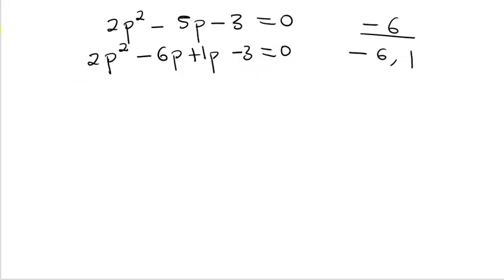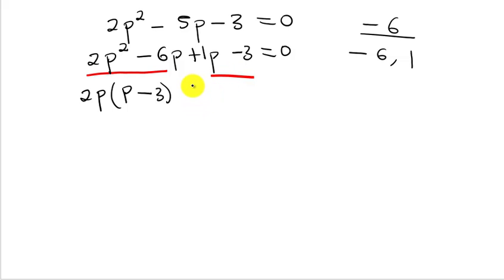Take the first two terms, we factorize, then we take the next two terms, then we factorize. So the first two terms, the common factor there is 2p. That comes out, we are left with p minus 3. Close the bracket, take the next two.